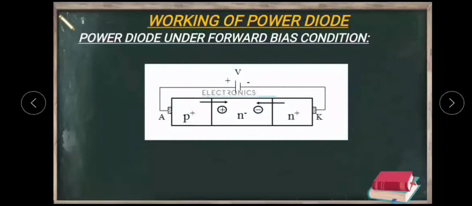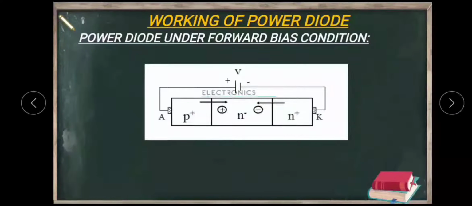So in the forward bias condition, the positive terminal of the diode, that is the P plus region, is connected to the positive terminal of the battery, and the N plus region is connected to the negative terminal of the battery. This we call forward bias.